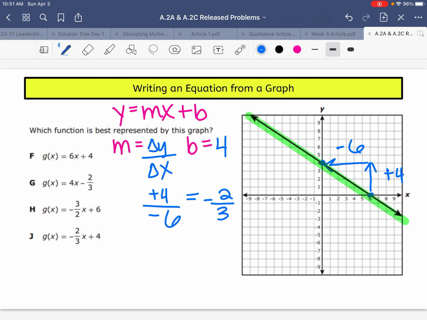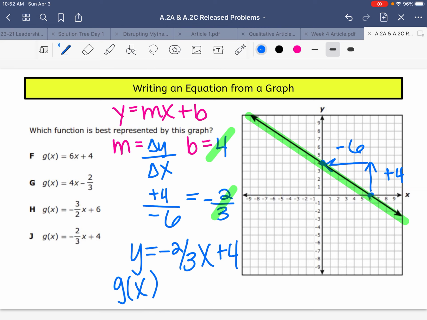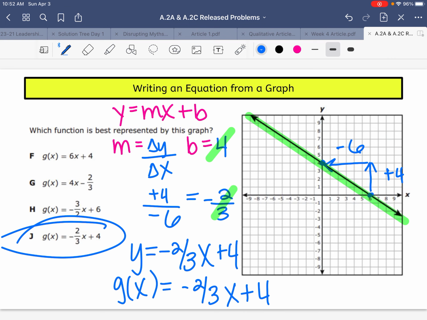So now that I have all of my pieces, I have my y-intercept and I have my slope, I'm going to put them together, and I get that y is equal to negative 2/3 of x plus 4. I notice my answer choices are all in function notation, so I can easily write that g of x, which is the same as my output, is equal to negative 2/3 x plus 4. And I see that j will be my answer choice.